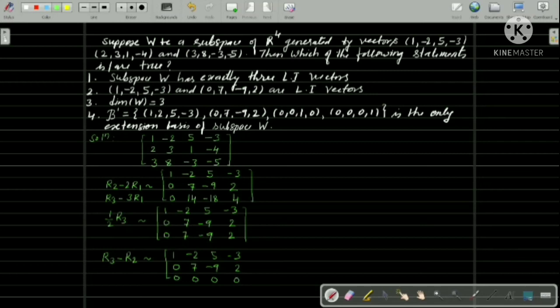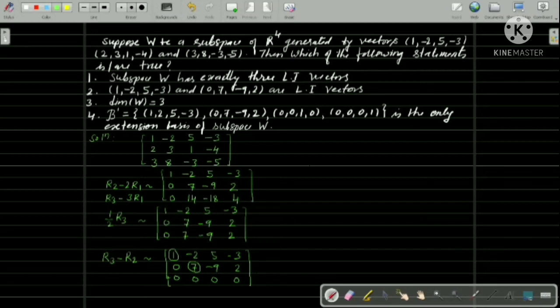If we observe this matrix, we can see that there are only two pivot elements, the first one in the first row and the second one in the second row. So these two non-zero rows form a basis of the row space.